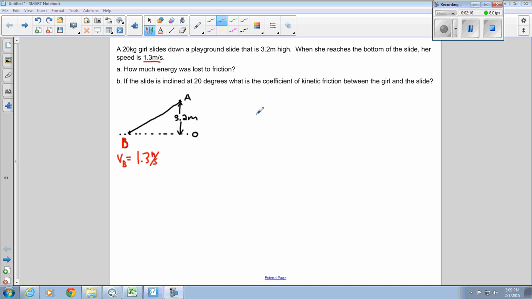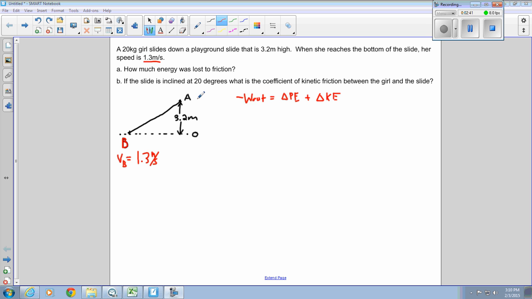Okay, so we can use our negative work out. It's equal to your change in potential energy plus change in kinetic energy. So your negative work out is equal to this.